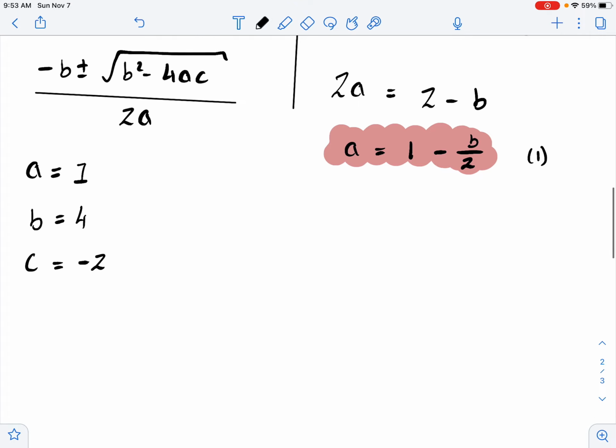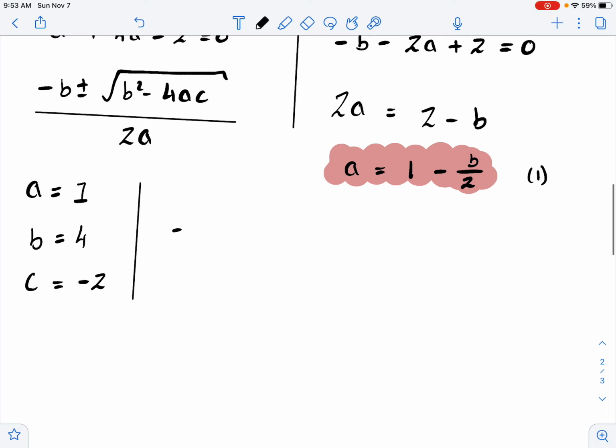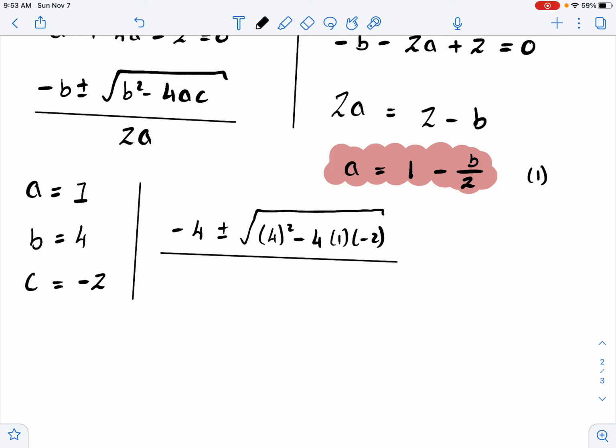And so just plugging these in, I get minus b, which is minus 4, plus or minus the square root of 4 squared minus 4ac, which is 4 times 1 times -2, and that all divided by 2a, which is 2 times 1.